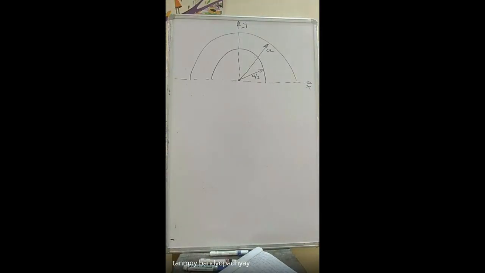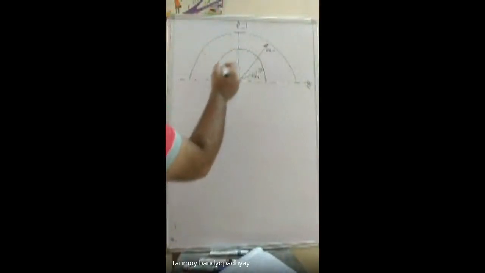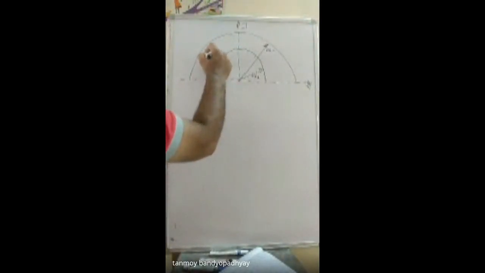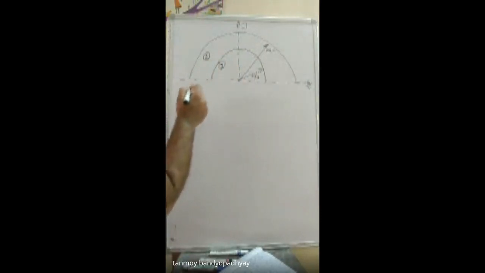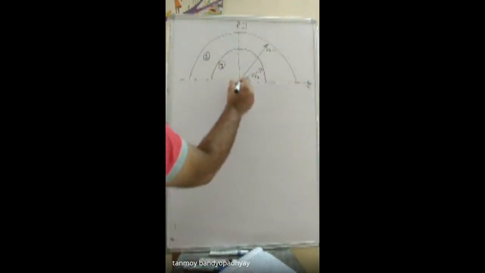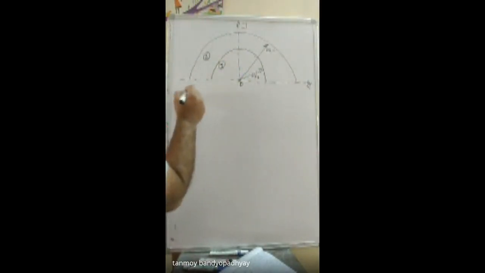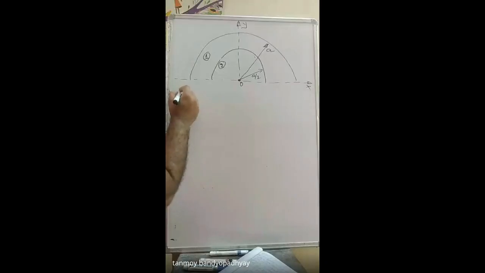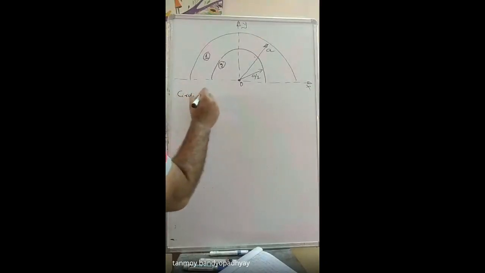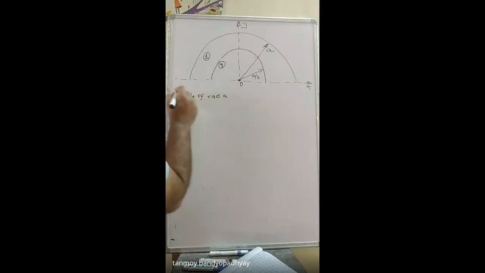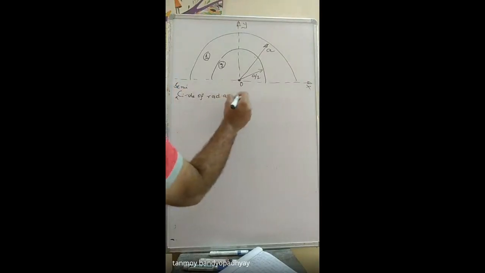So again it's a problem of cutout. Let the entire semicircle be called 1, and this cutout be called 2. So the entire one is a semicircle of radius a.